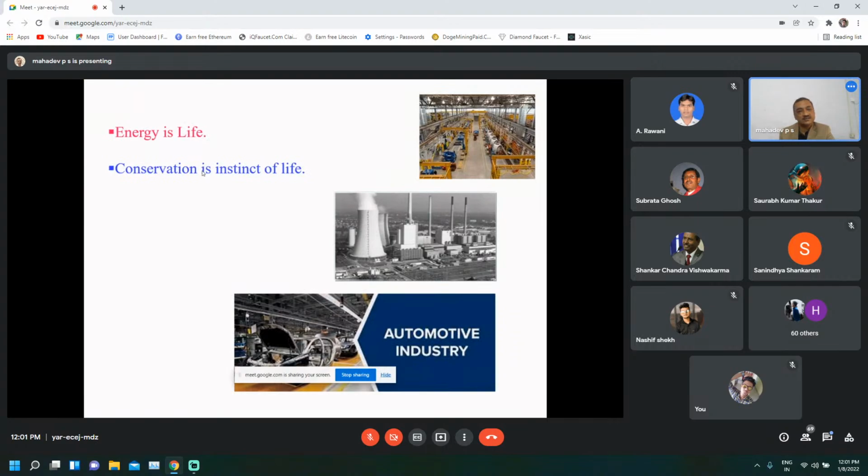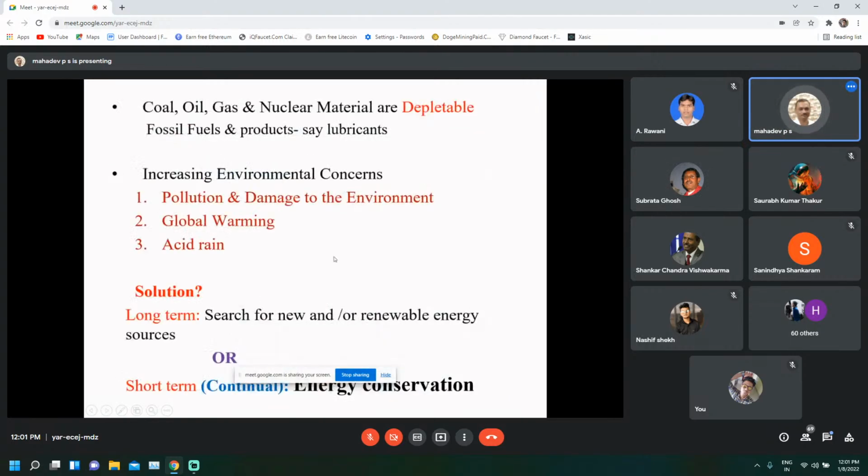Energy is an indication of the economic development of a country. Energy is life, and conservation is the instinct of life. Energy is used in the manufacturing industry, the power industry and the automotive industry. There are a lot of environmental problems we are facing: pollution, global warming, acid rain, etc.